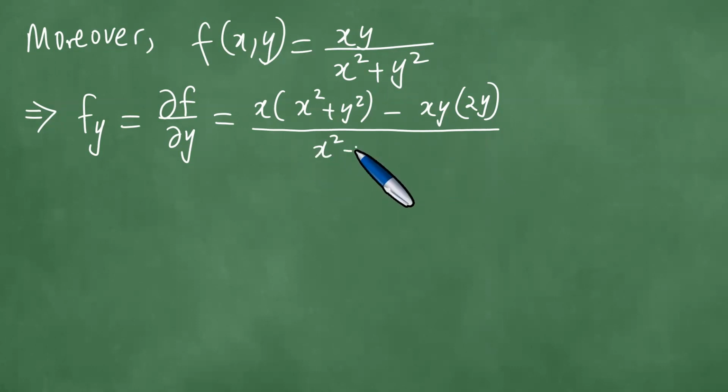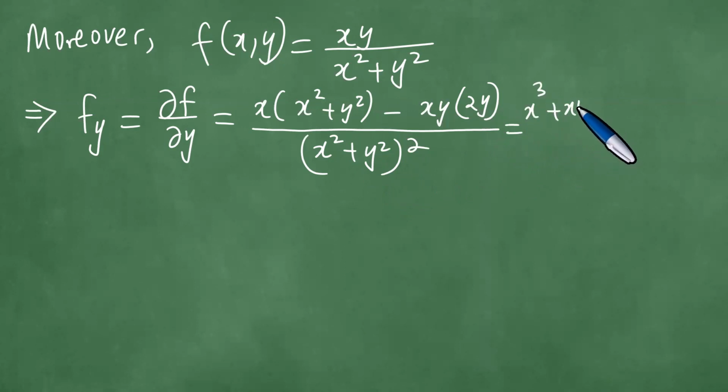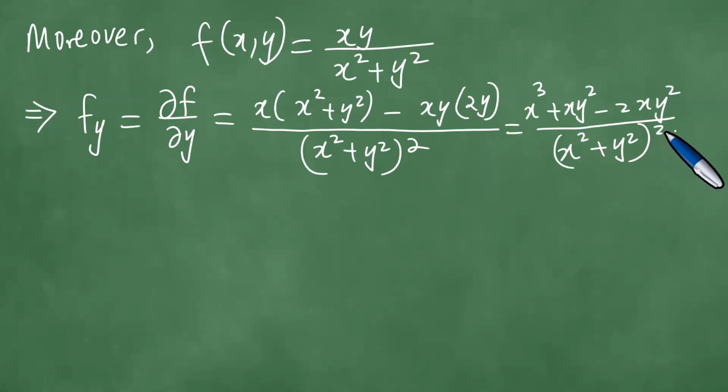And then this is divided by x squared plus y squared, all squared. Now this is x cubed plus xy squared, minus 2xy squared, which means you have x squared plus y squared, all squared, like this.